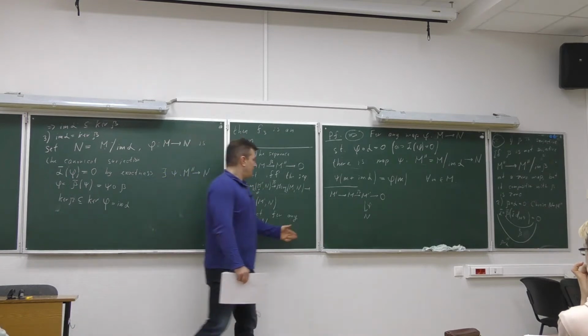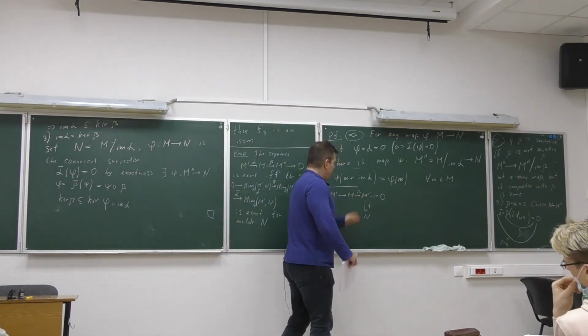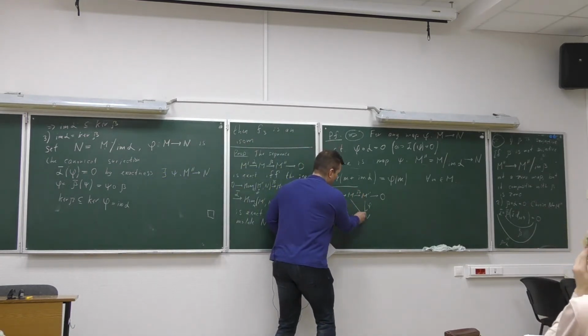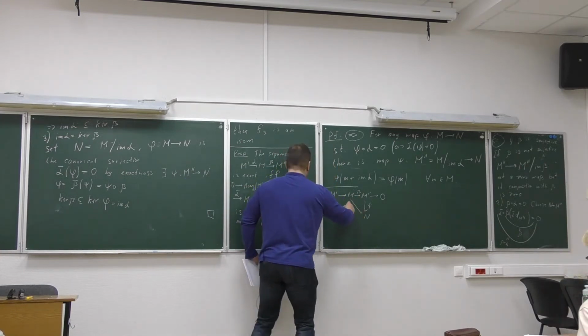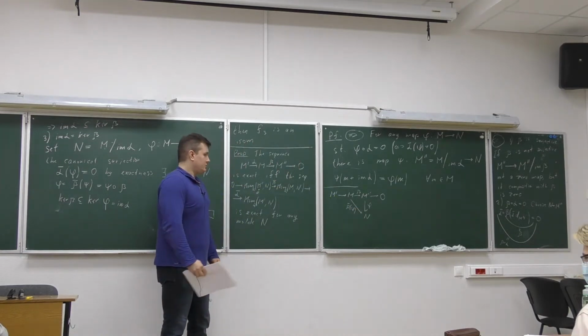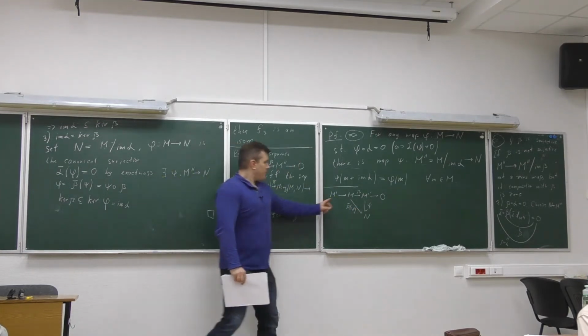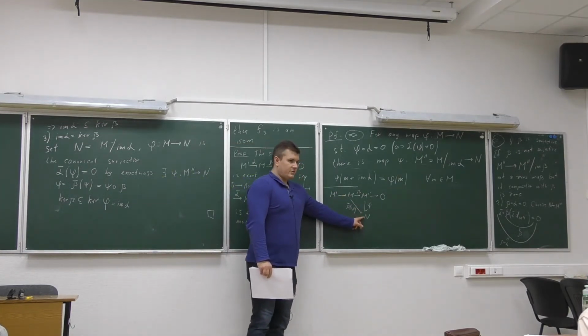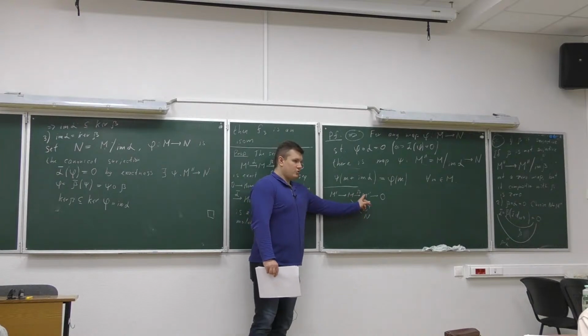Well, this is the map. So this composition is beta bar applied to phi, right? You know that this composition is a zero map, and you also know that this map is surjective. So I guess you can prove from this that this map is actually 0.